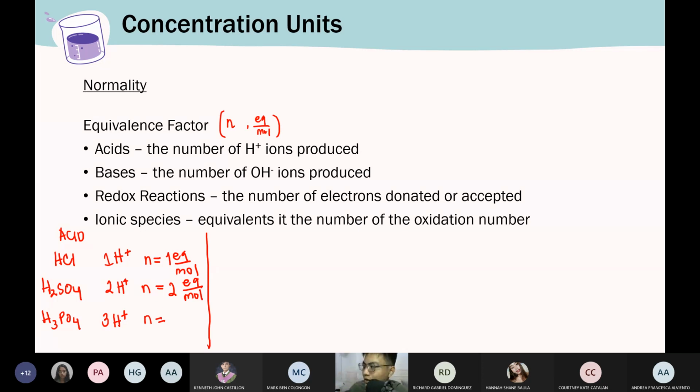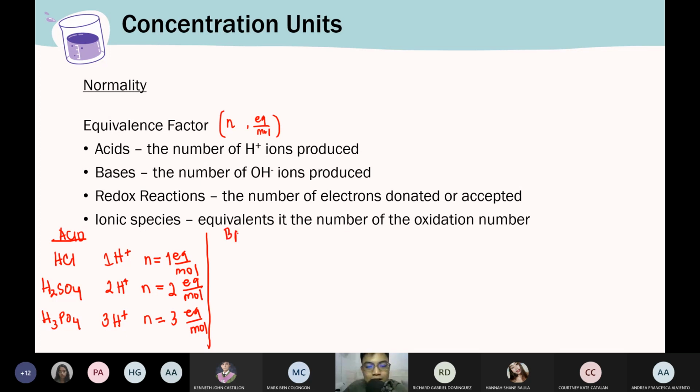Also, 3 din. Okay? 3 din. Okay, so yan, equivalents per mole. So, ganun lang kapag acid, no? So, tignan mo lang ilang H pwede tanggalin. Basically, you just count the number of hydrogens in front.